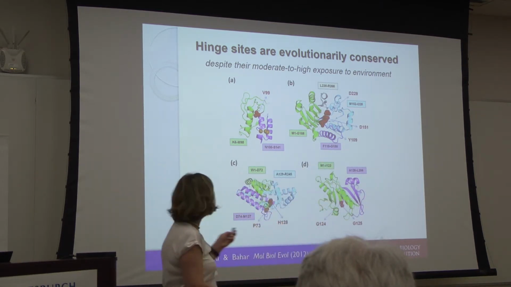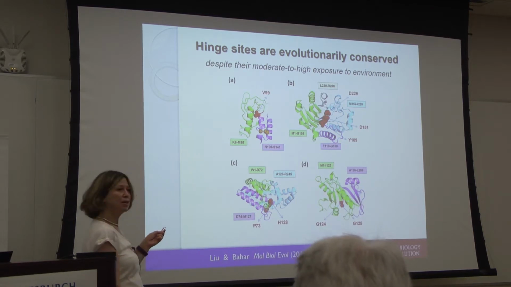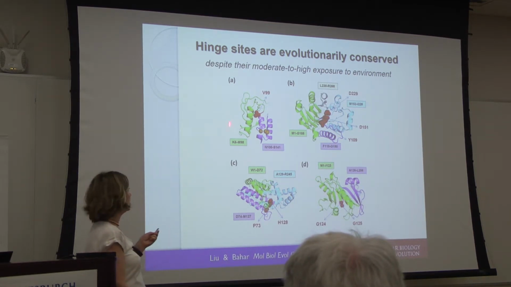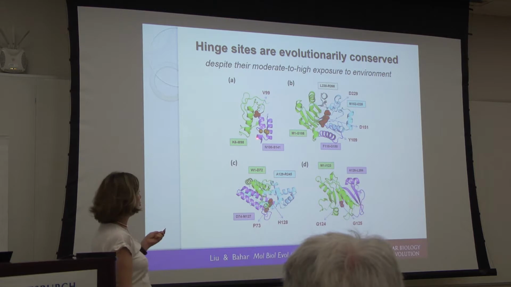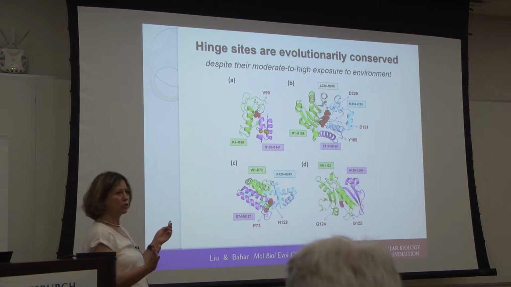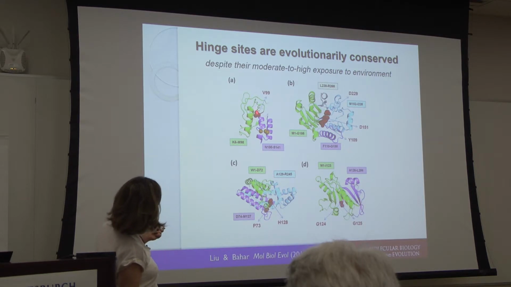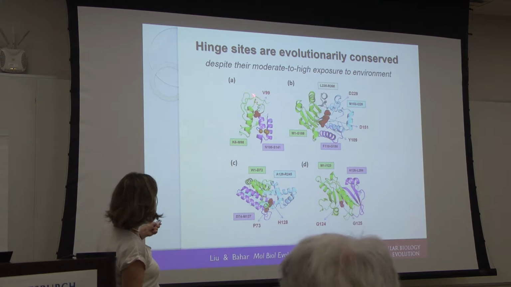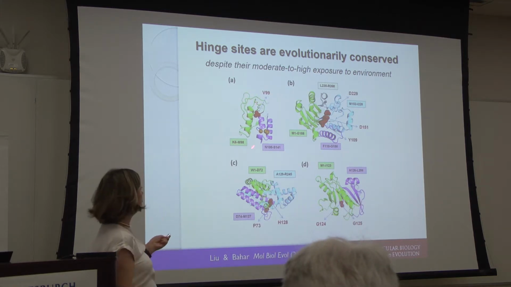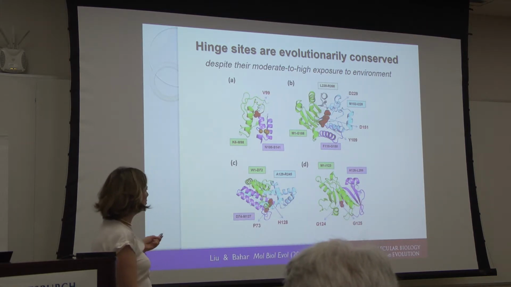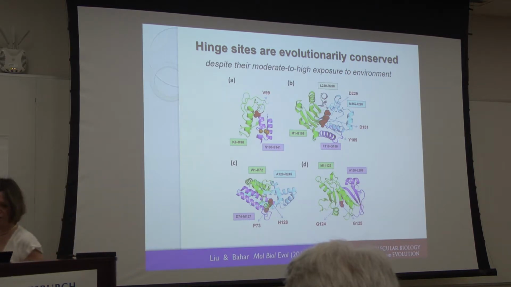You can have a residue that's surface accessible, but still playing a very important mechanical role, hence conserved. Not chemical role, mechanical role. This example shows very clearly that this is lying at the separation between this domain and this domain, if you like, and plays a critical role. And similar features in many other examples.